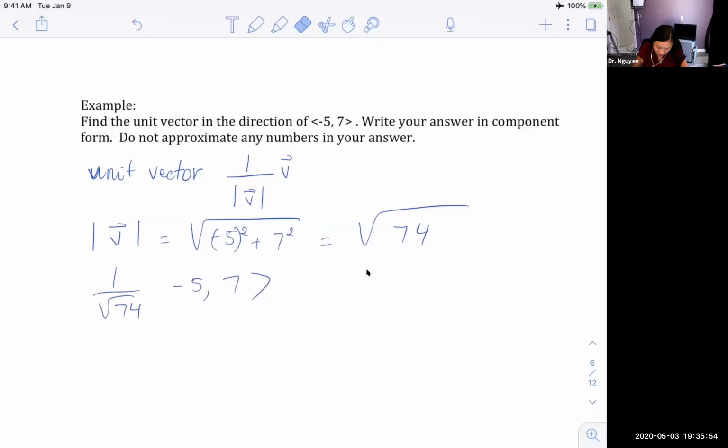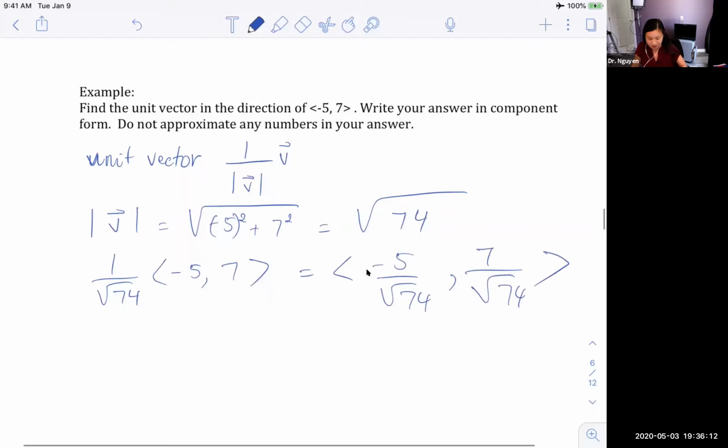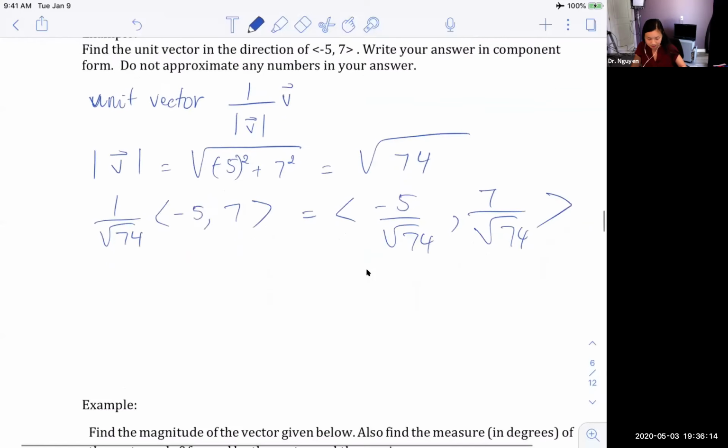Let me just fix that really quick. Can't really simplify anything, so I'm just going to write -5 over the square root of 74 and 7 over the square root of 74. And there we have it. Okay, so that's how you find a unit vector.